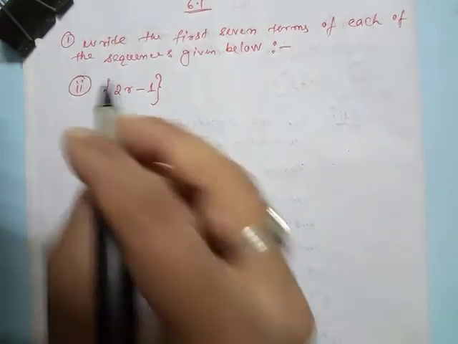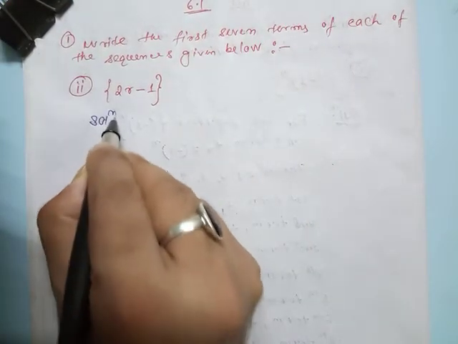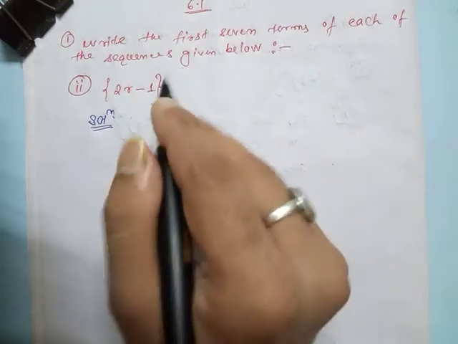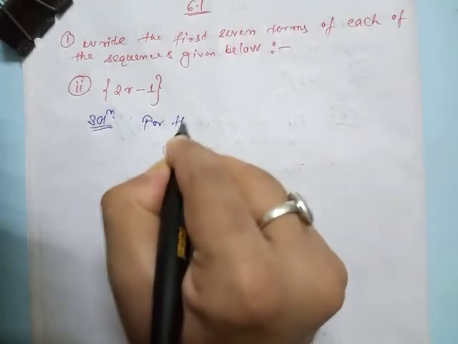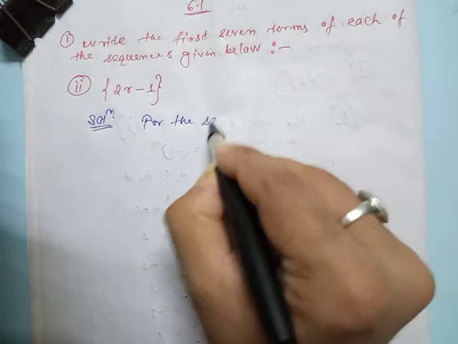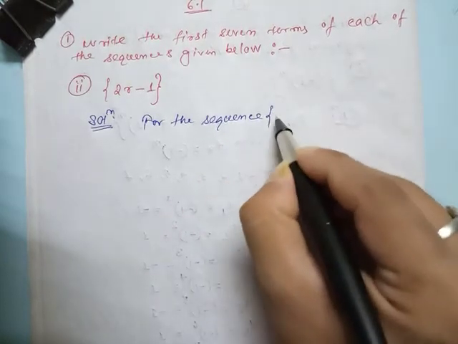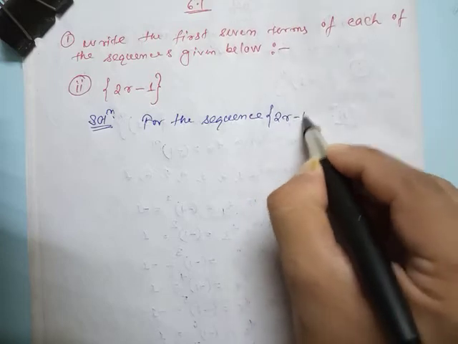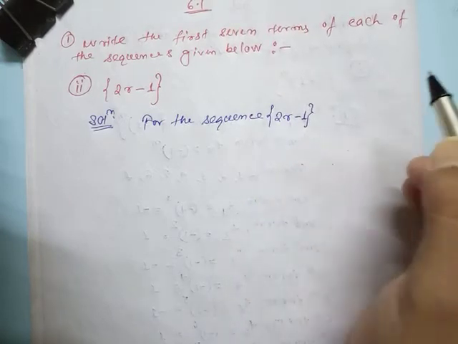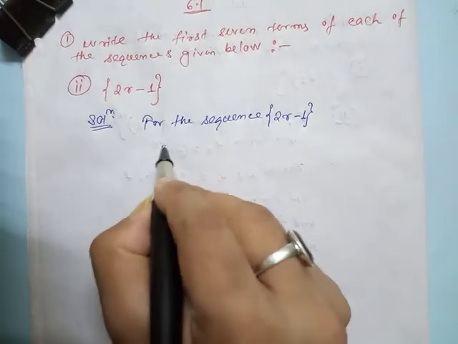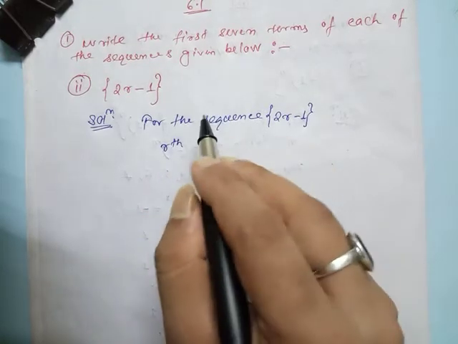First I will write here the solution, then I will write for the sequence. In the second bracket I will write the question, 2r minus 1, then close the bracket. After that, the rth term.